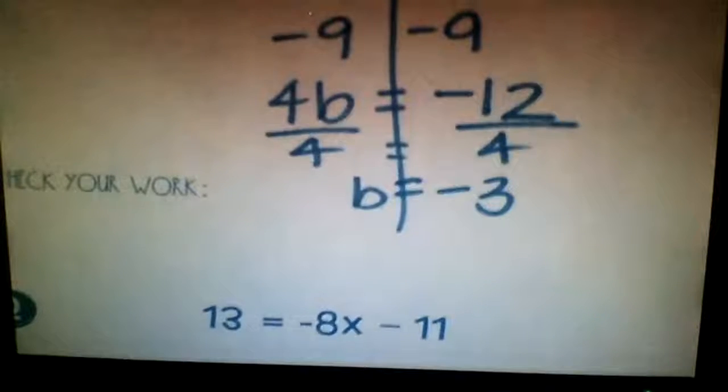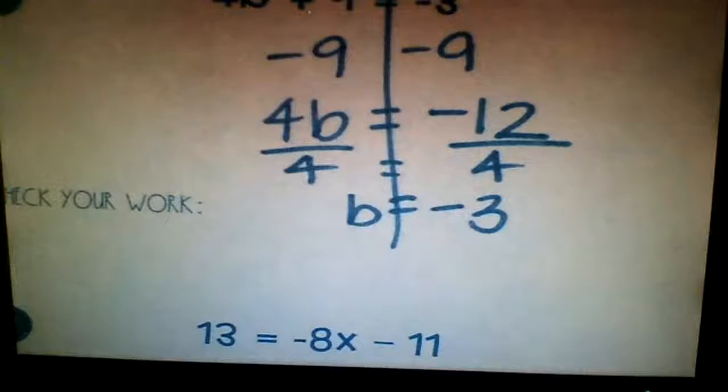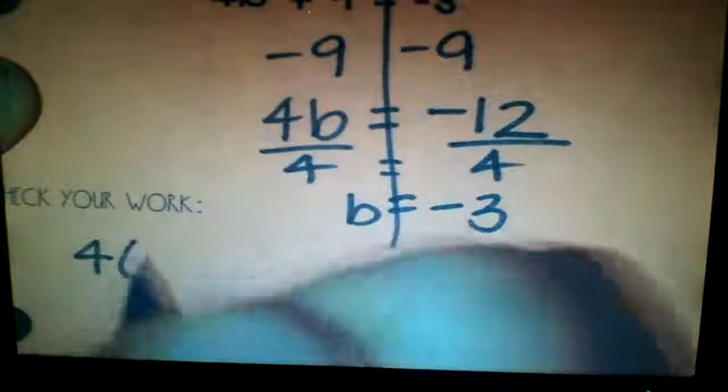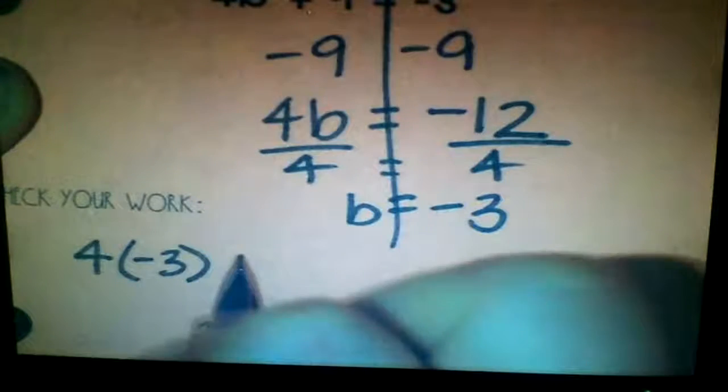Okay. So Rashawn just said, what the heck does it mean, check your work? You can always check your work to make sure you're correct. So when you solve and you get a value, you take that value and plug it back into the original equation to make sure that it works. So what I mean by that is we take 4, and instead of B, we know that B is negative 3, plus 9.